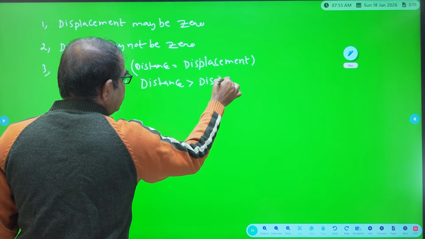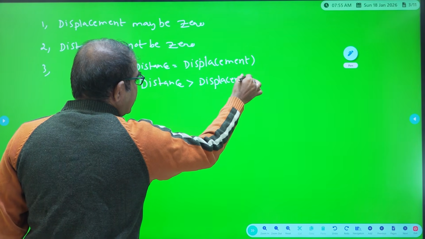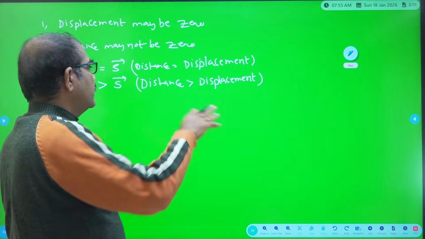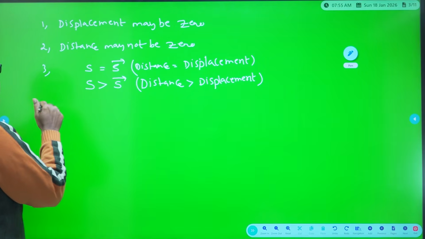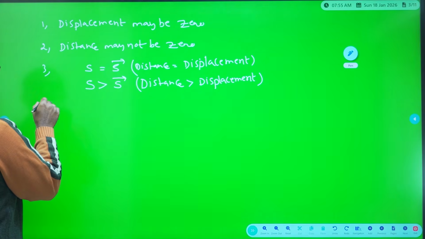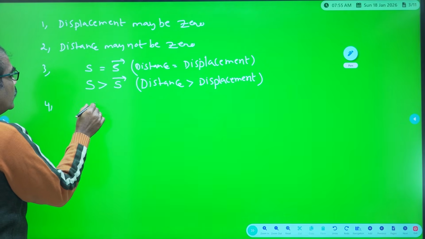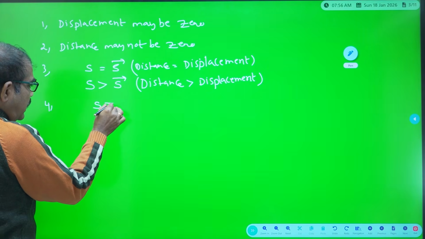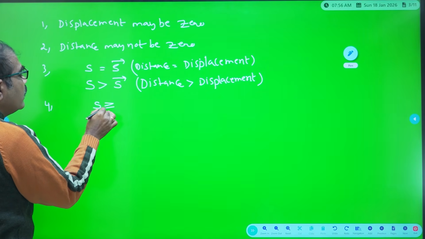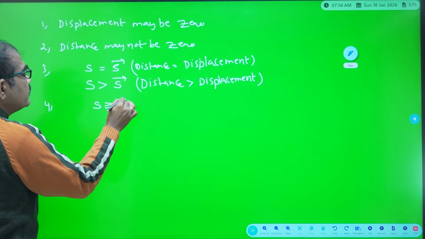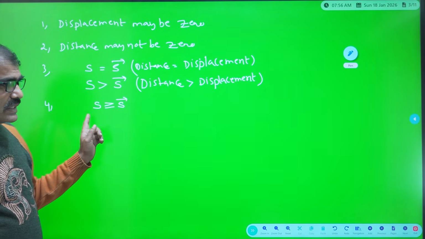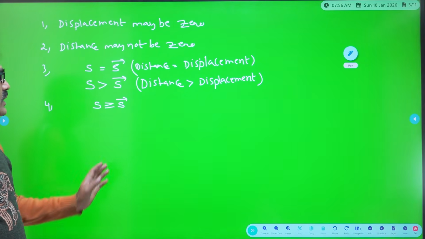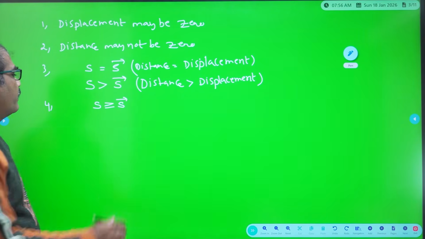Distance is greater than displacement when the body takes a deviation. From these two, distance is always greater than or equal to displacement.